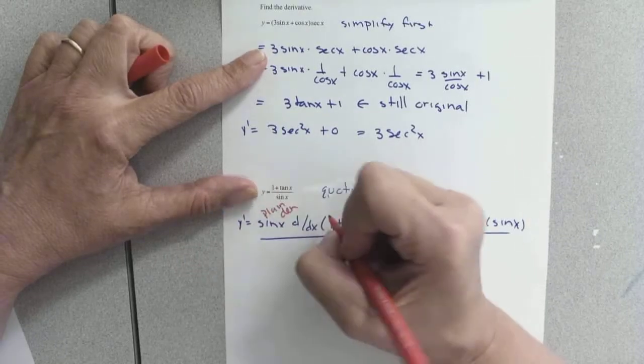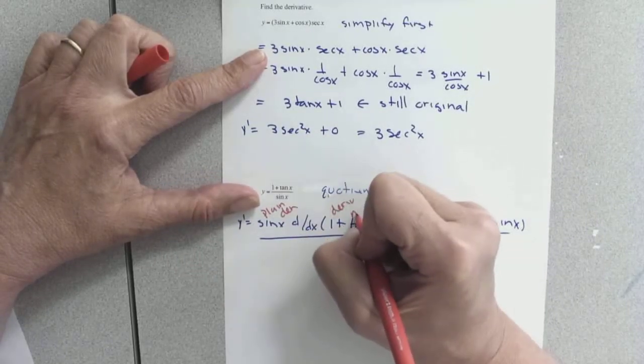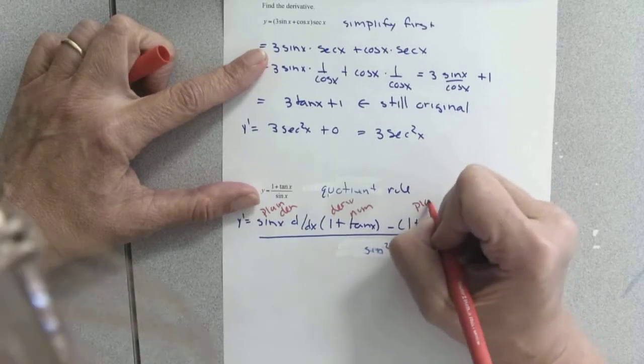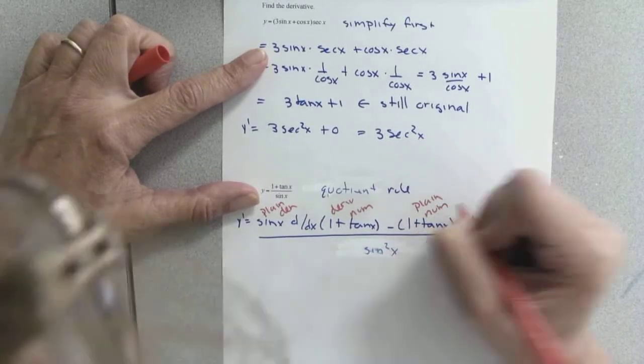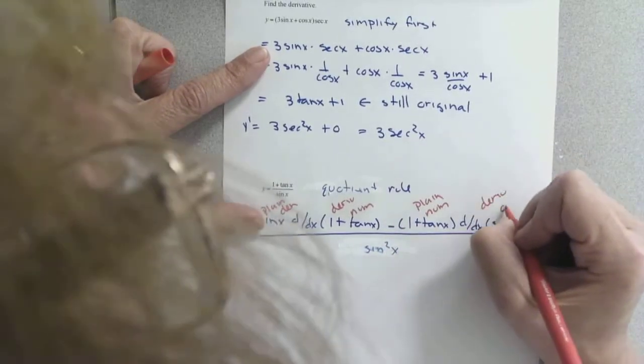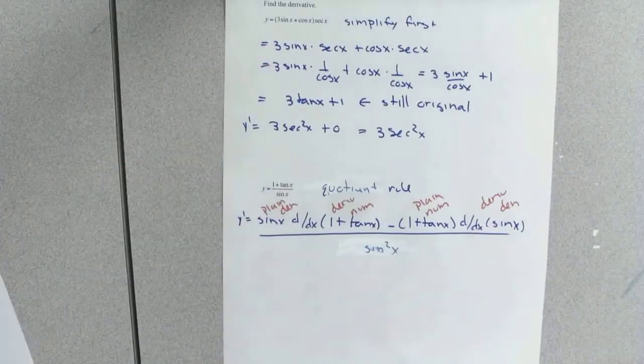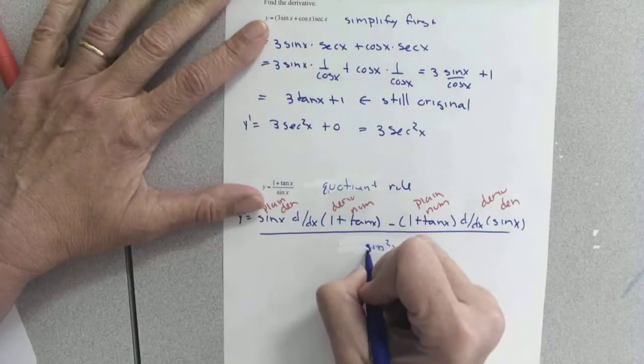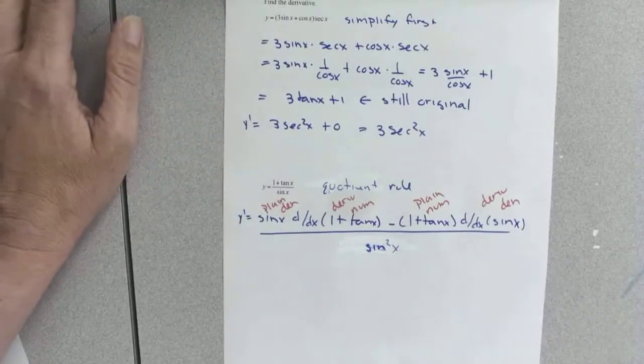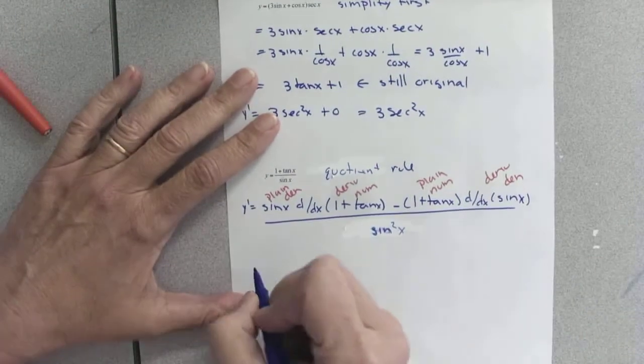Plain denominator, derivative numerator, plain numerator, derivative denominator, plain denominator squared. You do not have to show that step.